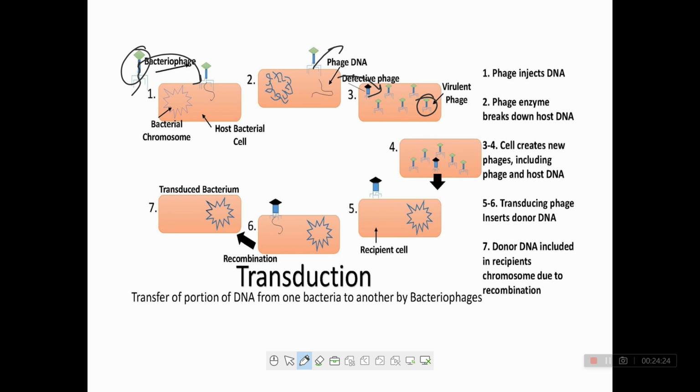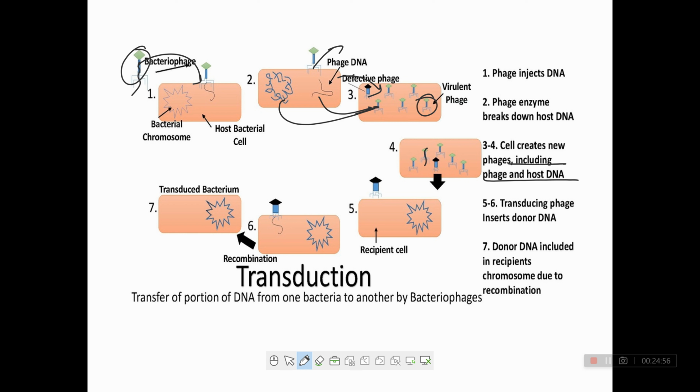This is a virulent phase. After synthesizing their whole cell body, the cell creates new phages including phage and host DNA. This phage contains this host DNA and their DNA both.